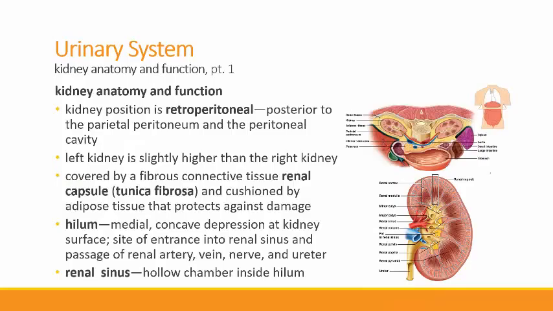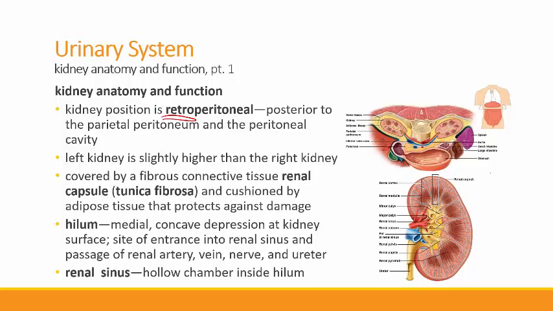So where do we find the kidneys? They are positioned in a location that's described as retroperitoneal. Retro means that it's posterior to the peritoneal cavity, so it's outside of the parietal peritoneum.